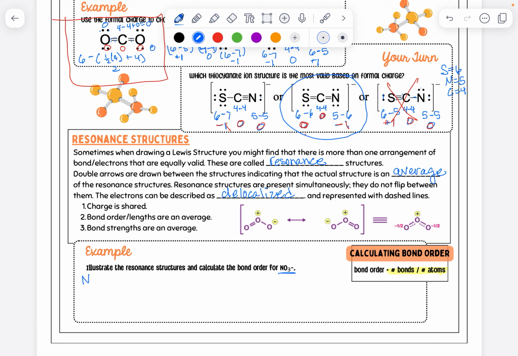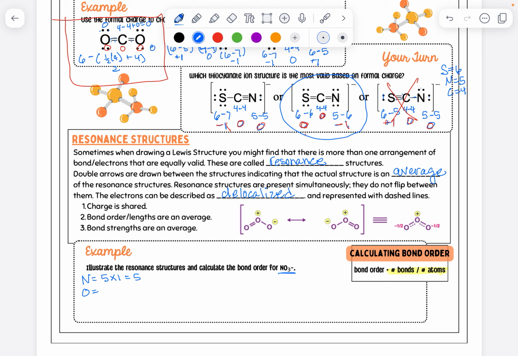And remember, step 1 is we count our valence electrons. So nitrogen, we have 1 nitrogen with 5 valence electrons. Remember, we learned that up here. So 5 times 1 gives me 5 electrons.